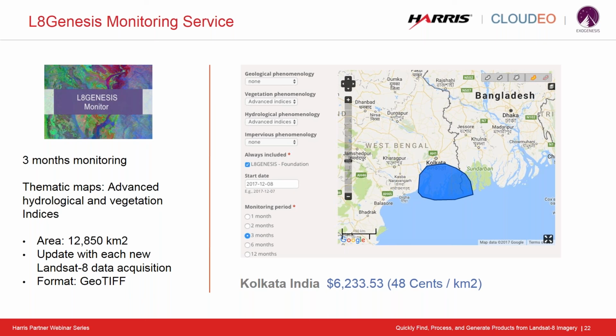We chose advanced hydrological indices, advanced vegetation indices, which, according to the poll question, most of you are interested in, and a monitoring period of 3 months. Also here, the data is automatically being updated with each new Landsat-8 data acquisition. The total price for this service would be a bit over $6,000, which means about 48 cents per square kilometer for the whole 3 months.